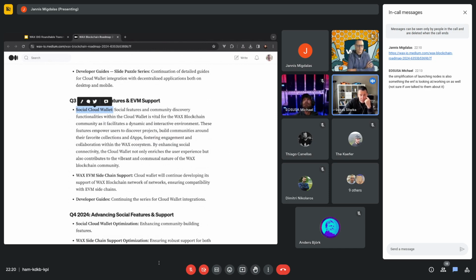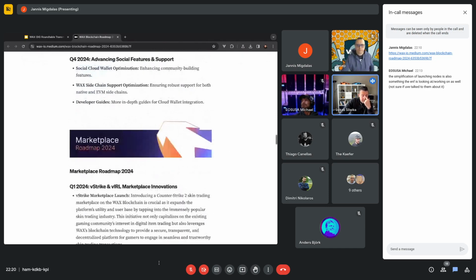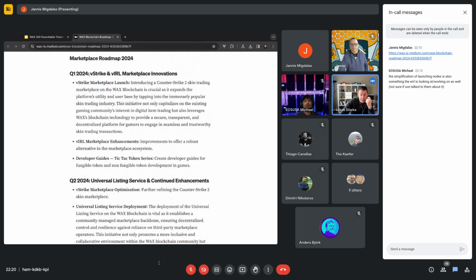And the same thing goes for Vstrike. I'm sorry, vIRL Marketplace. And then Vstrike is going to be a version of vIRL Marketplace that is going to be geared towards skin trading. And this is kind of going back to our roots. As you know, the genesis of Wax was on the heels of OP Skins Marketplace. And we finally have bandwidth, we finally have resources to be able to dig into that space.